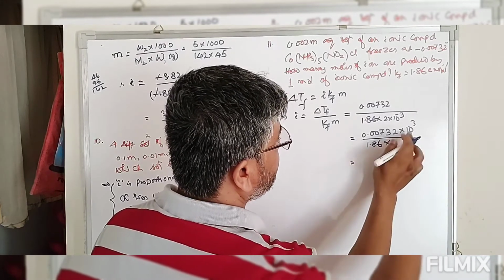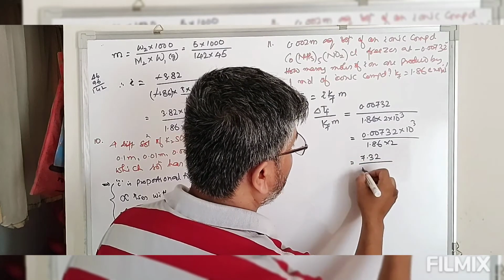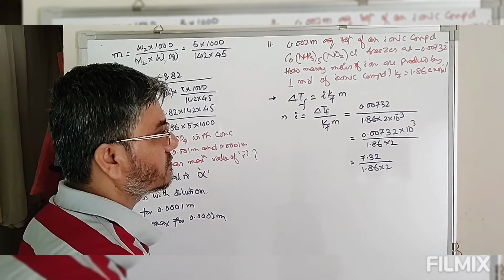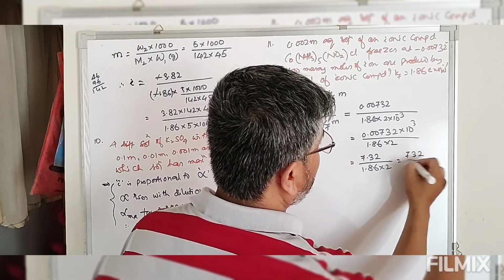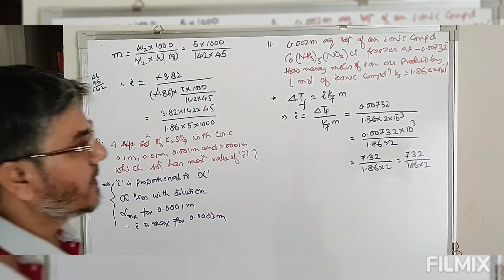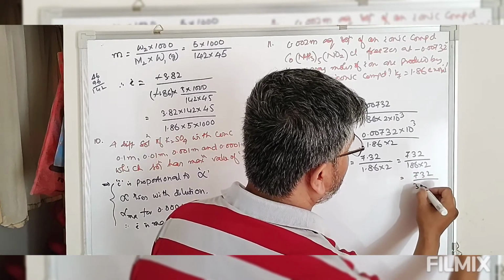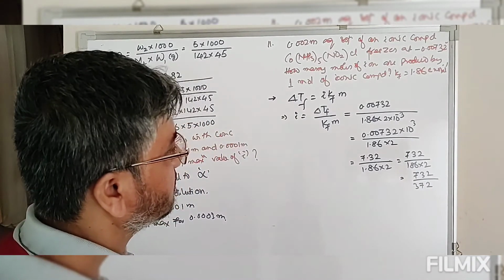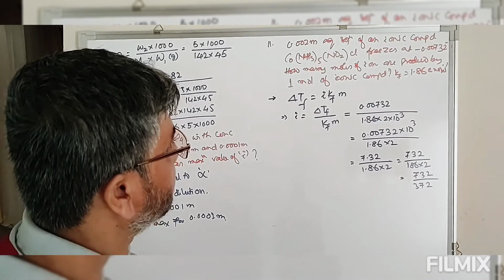So this can be written as 7.32 divided by 1.86 into 2. So that is 732 divided by 186 into 2. So this is 732 divided by 372.